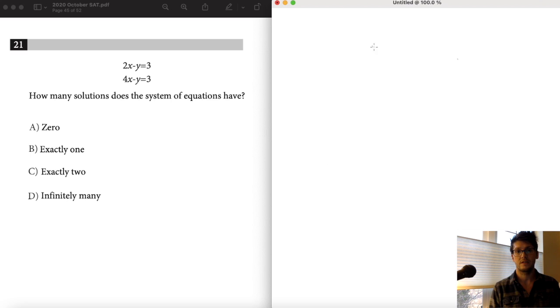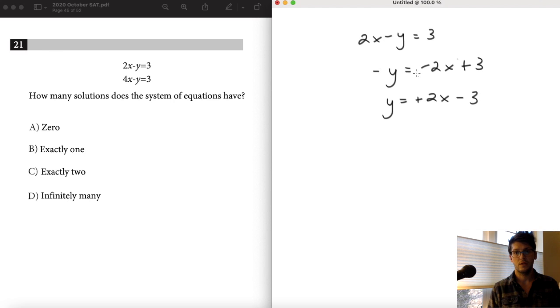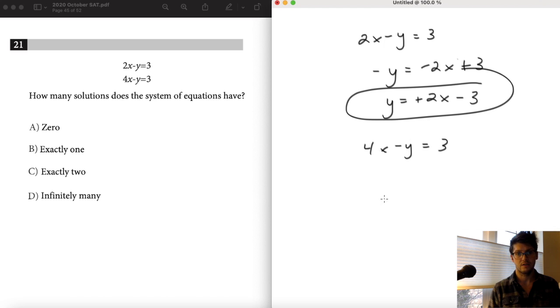What we'll do is I'll take the first equation, 2x minus y equals 3, and I'll move stuff around. Subtract the 2x, I'll get negative 2x plus 3. Divide by negative 1, multiply by negative 1, whatever you want to call it, 2x minus 3. Second equation is, I'll just circle this so I have it. Second equation, 4x minus y equals 3. I can actually already tell that this has exactly one solution.